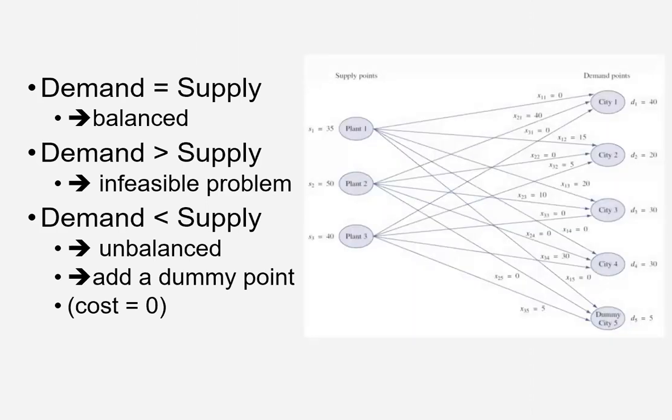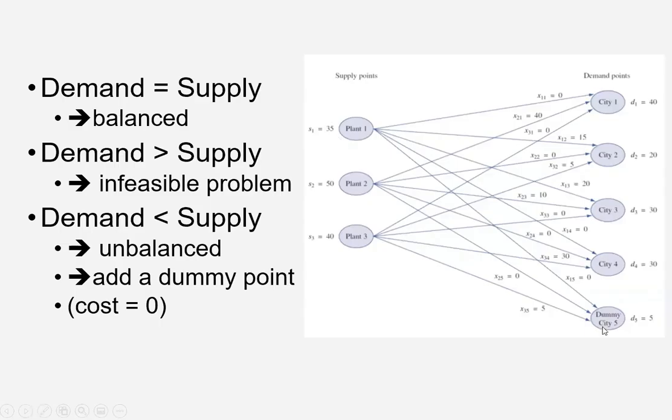For example, let's say our supply was more than our demand. Just look at the demand here. 4 plus 20 plus 30, that's 90 plus 30 is 120. Supply 125. So we have 5 excess supply.